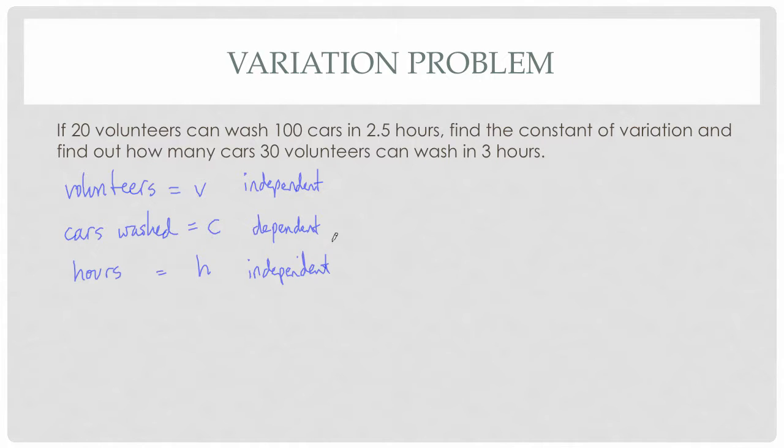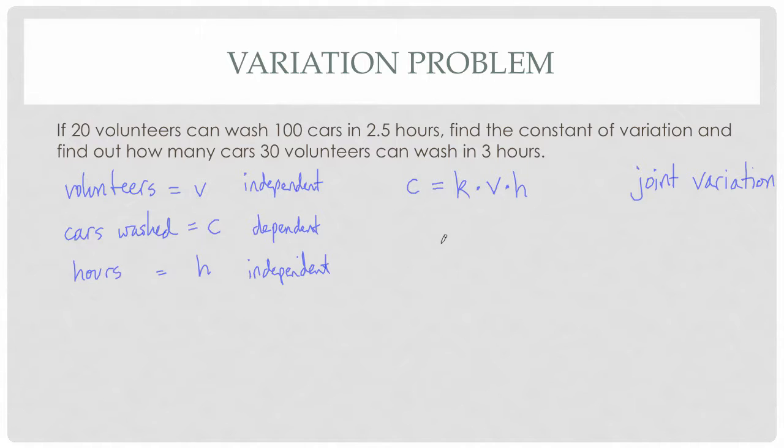And if I put this together now, I'm going to say the cars washed is equal to some value, it's my constant, multiplied by how many volunteers, multiplied by how many hours. This is a joint variation problem because there are 3 variables going on. 2 of the variables affect the other third variable.